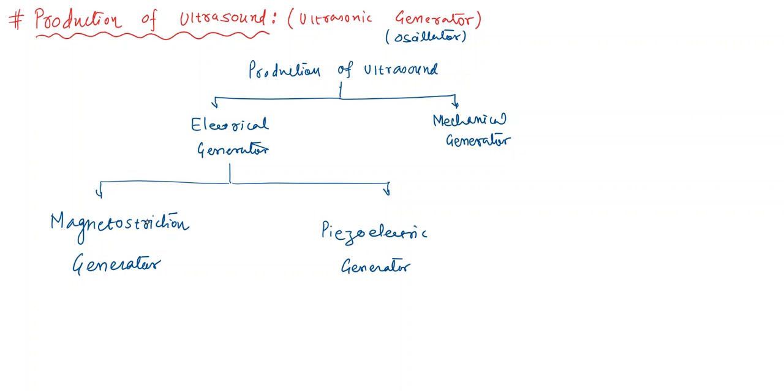So one generator uses a magnetic phenomenon known as the magnetostriction effect, and the generator based on that effect is known as the magnetostriction generator. And there is another phenomenon known as the inverse piezoelectric effect, and the generator based on the piezoelectric effect is known as the piezoelectric generator. So this is the electrical version of the magnetostriction generator.